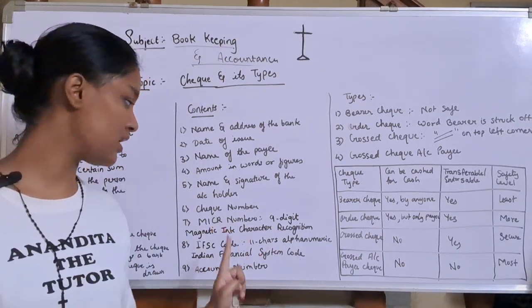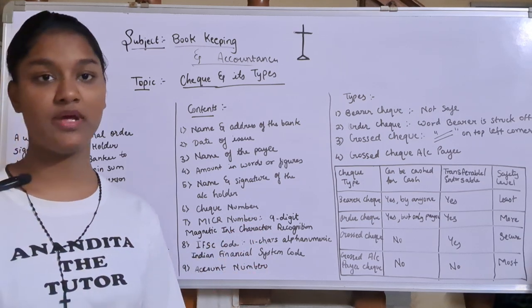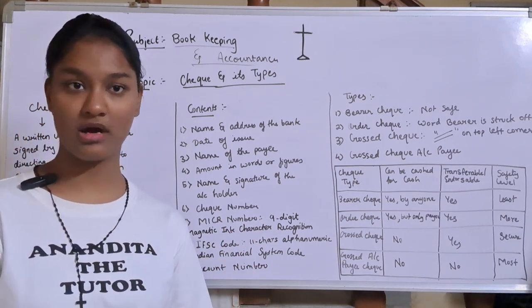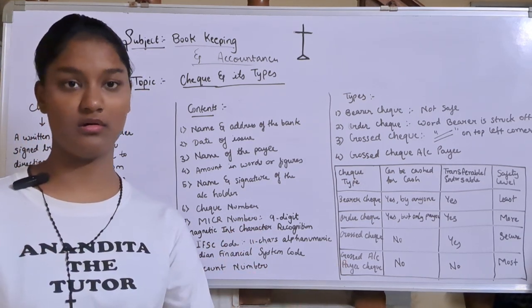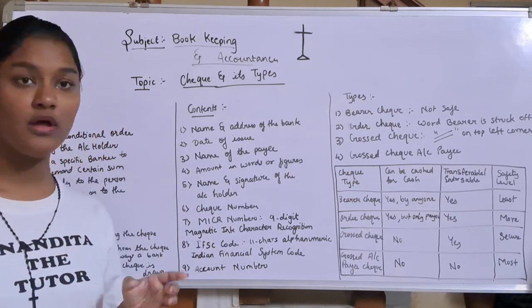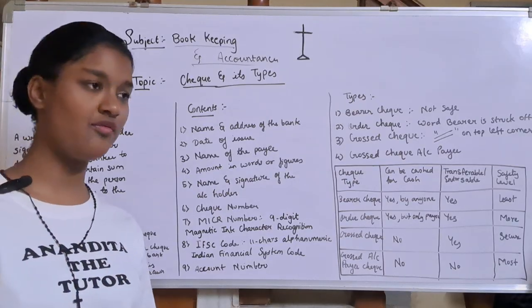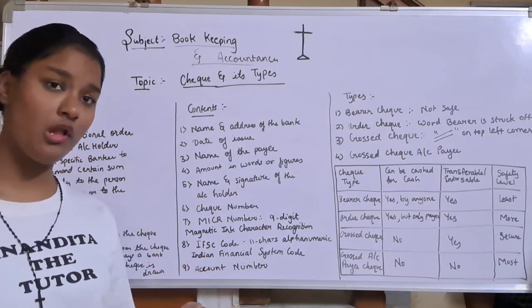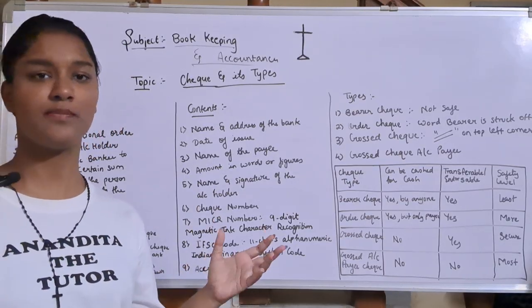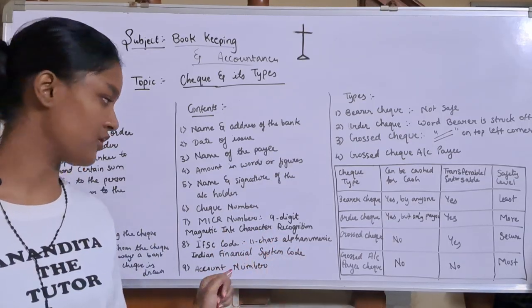With this, the accurate information will be displayed to the person handling my check, and accordingly that check will be processed. If any information is found false, incorrect, or incomplete, then my check will not be accepted.